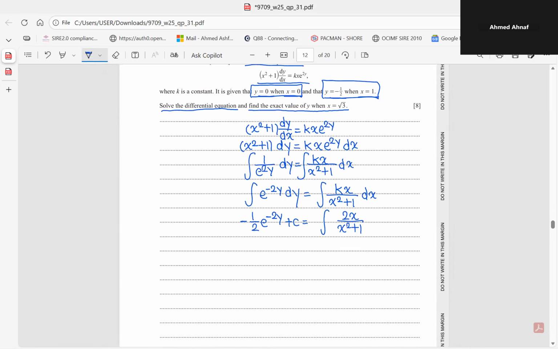Okay, so to keep the k, we're going to keep the k, and we will put 1 over k outside of the integral sign so that the expression doesn't change. Wait, no, actually we're supposed to put 1 over 2, not 1 over k, since that would change the expression. So by putting 1 over 2 and 2, the expression still remains as kx over x squared plus 1.